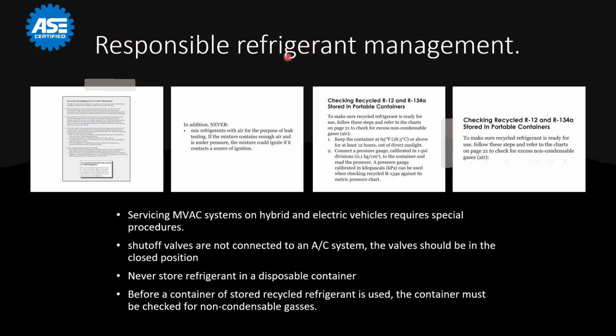It's going to give you best practices. It's going to talk about checking recycled R134A and how it is stored, the portable containers that are used to store it. It's going to talk about pressures and servicing hoses. There's just so much information in this section of the book, and this is why when you take your exam, most of the questions are going to be based off this section.